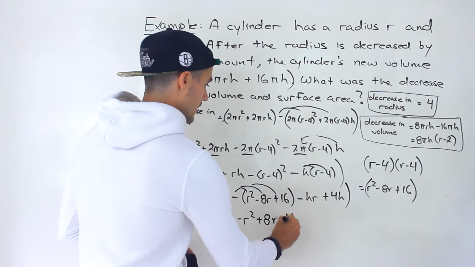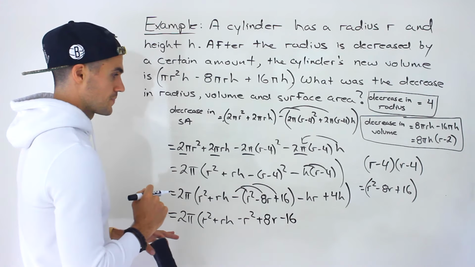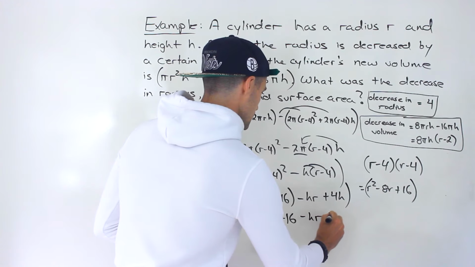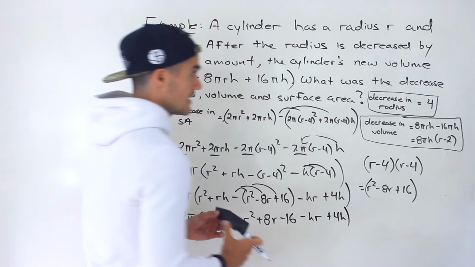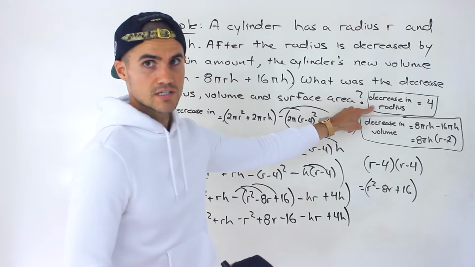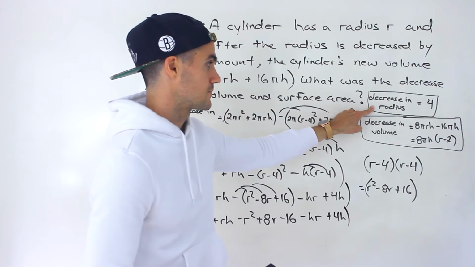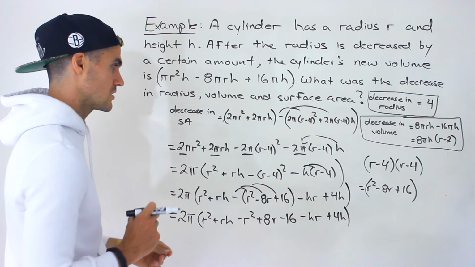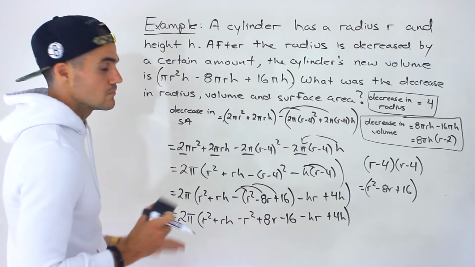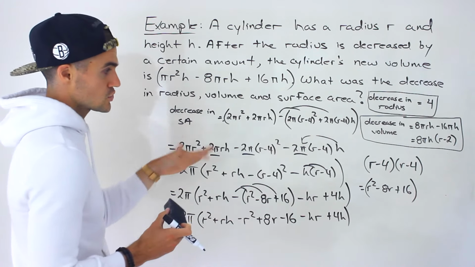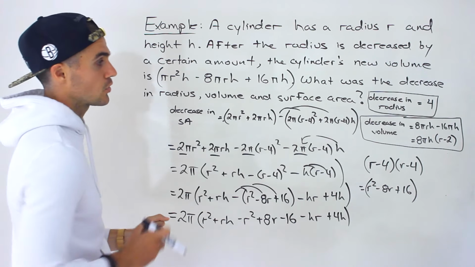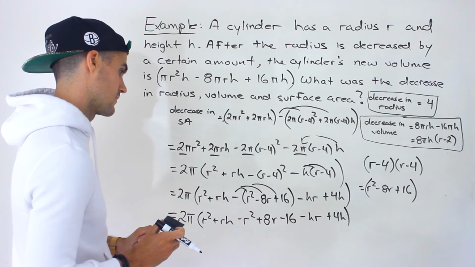I told you that the decrease in surface area is going to be more tricky. To be honest, usually a question like this might only ask for the decrease in radius. They may not even ask for the decrease in volume or surface area. It's a little extra, but just in case you run into something like this, or just to show you that you can make these questions more complex if a textbook only gave that question.